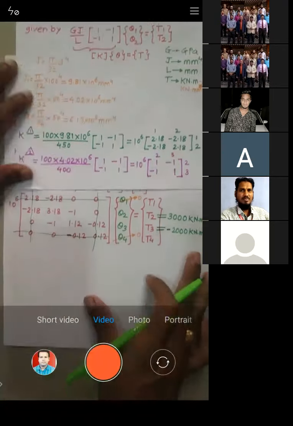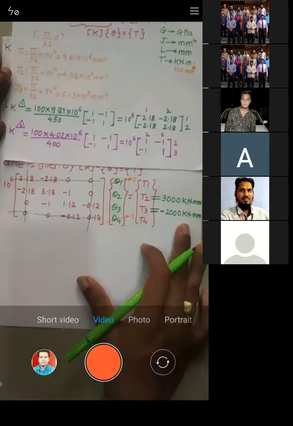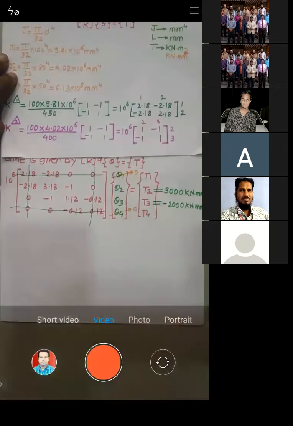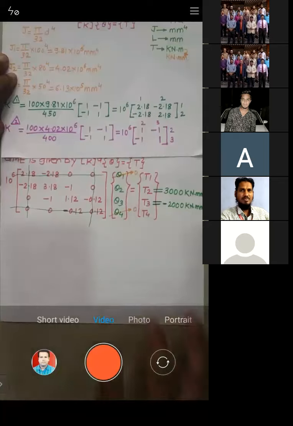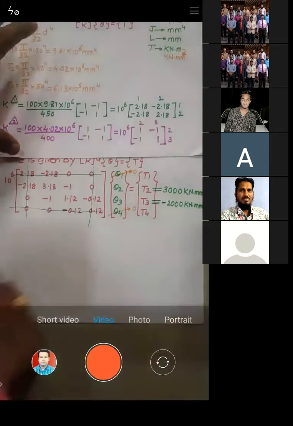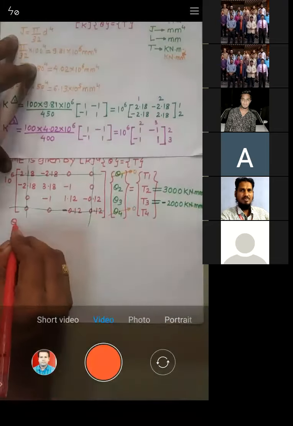Okay, so now all of you just solve this in a calculator and get the answer. Let me know what is the value of theta 2 and theta 3. Solve this in a calculator and immediately let me know what is the value of theta 2.